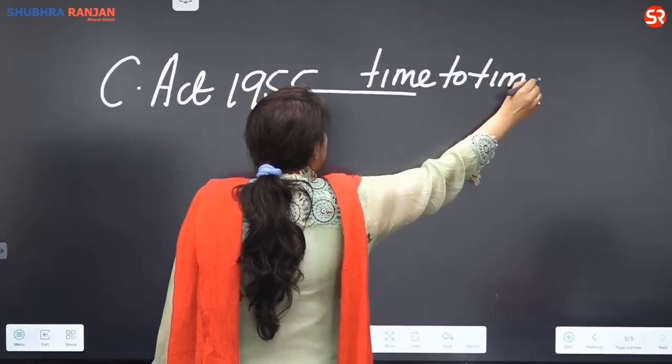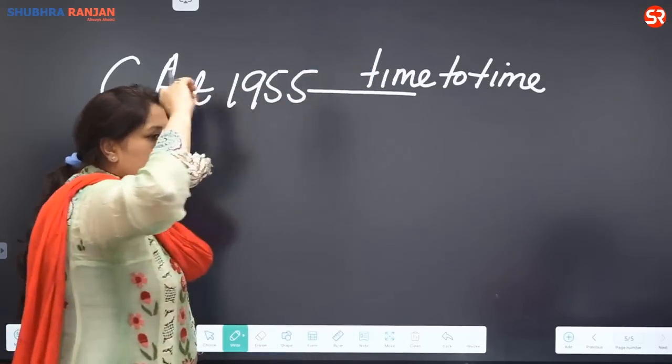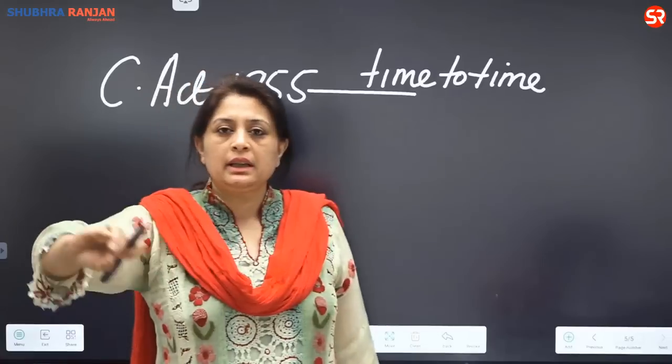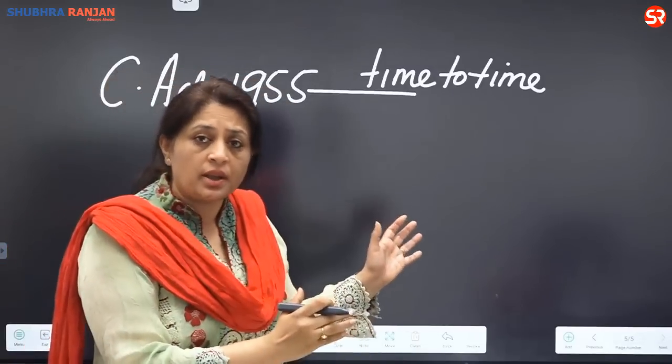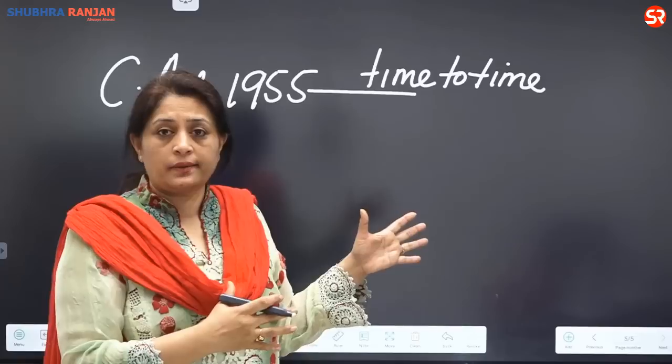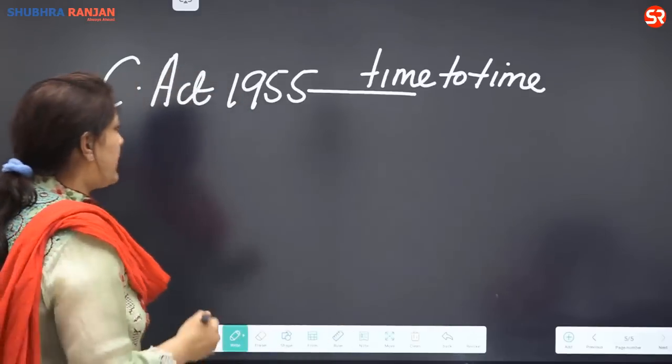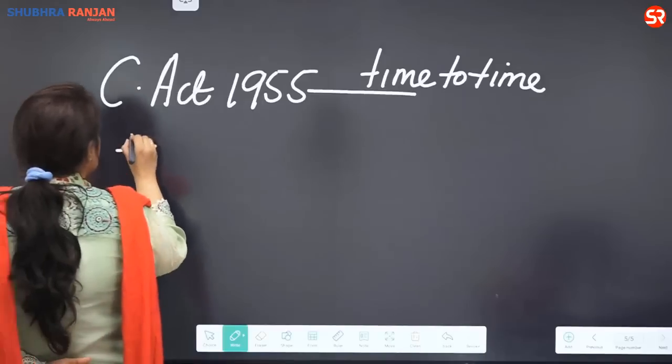Now for mains, you need not write that in this year this amendment happened, in that year that amendment happened. You have to just mention the essence of these laws. So what has been the essence?